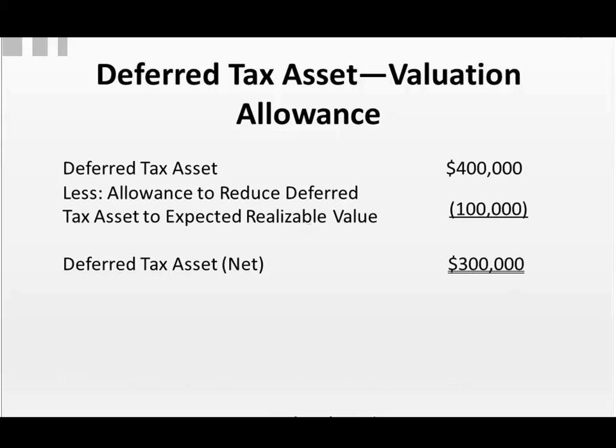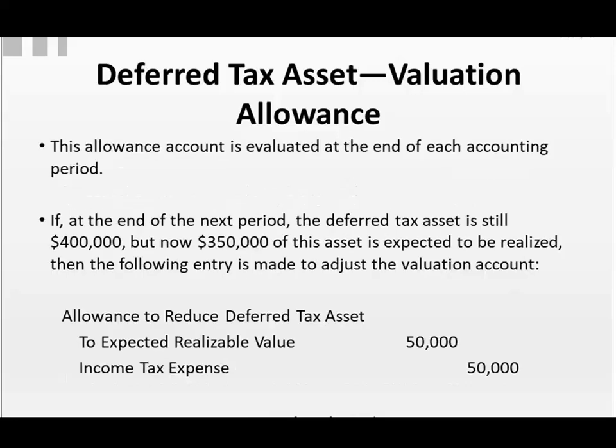So you've got to do that every accounting period. So every time you present the balance sheet, which could be quarterly, you've got to do that. So the allowance account has to be evaluated at the end of each accounting period. If at the end of the next period, the deferred tax asset is still 400, but now 350 of that 400 is expected to be realized, so you don't need a $100,000 valuation, you only need $50,000.